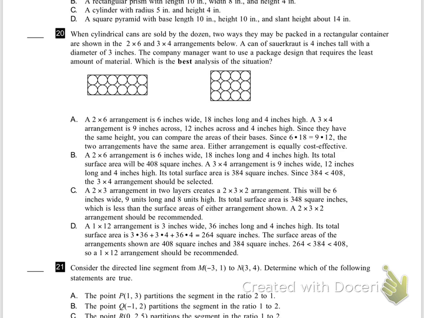Okay, so since the diameter of each can is 3 inches, that means that this length is going to be 6 times 3, which is 18. The width is going to be 2 times 3, which is 6. All right. And then the height is 4 inches.